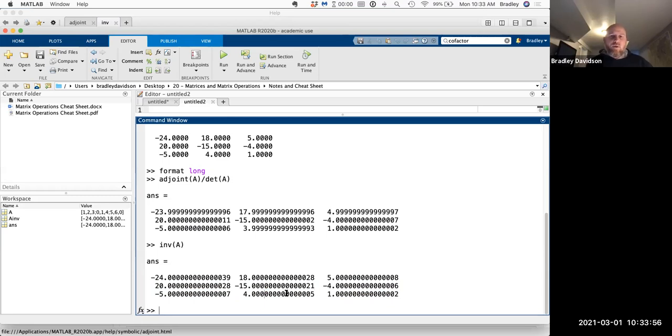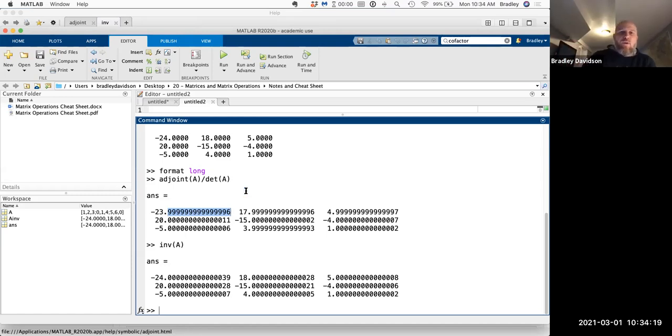When moving out to this number of decimal places with floating point operations, we get slightly different answers, even though we can legitimately say they're -24, 18, and 5, and so forth. But they end up not being integers because it is a numerical computation.